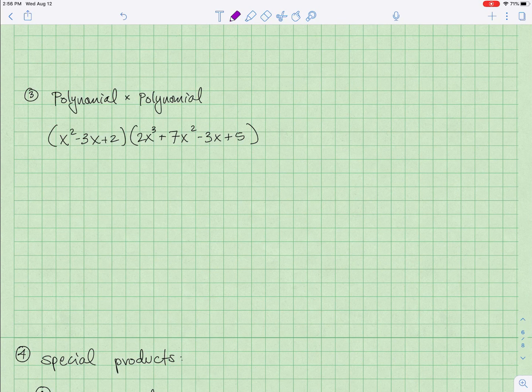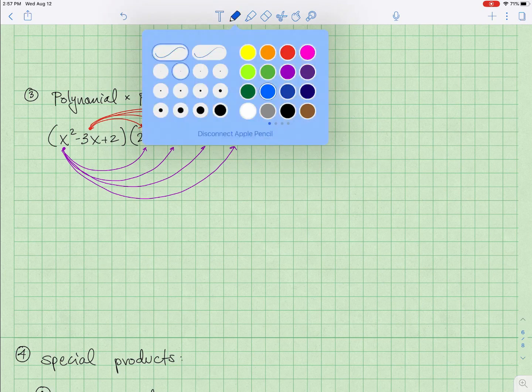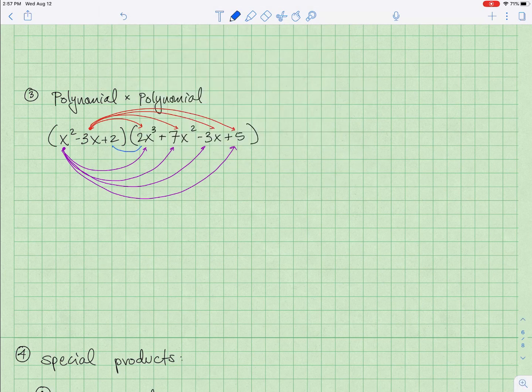Technically, all you have to do is take this first term and multiply it or distribute it to every single term in the second polynomial, and then take the second term in the first polynomial and distribute it to every single term, and then take the third term in the first polynomial and distribute it to every single term.